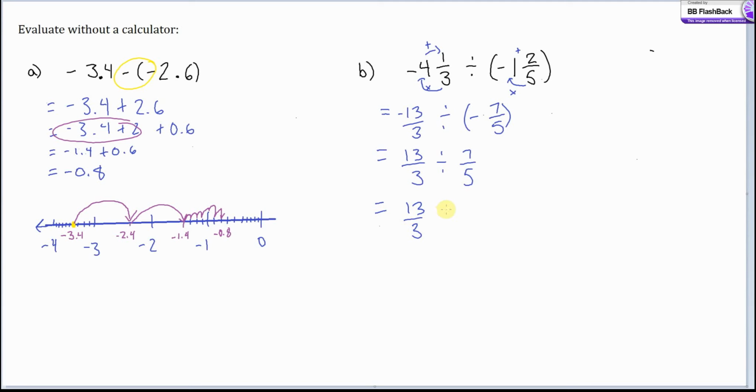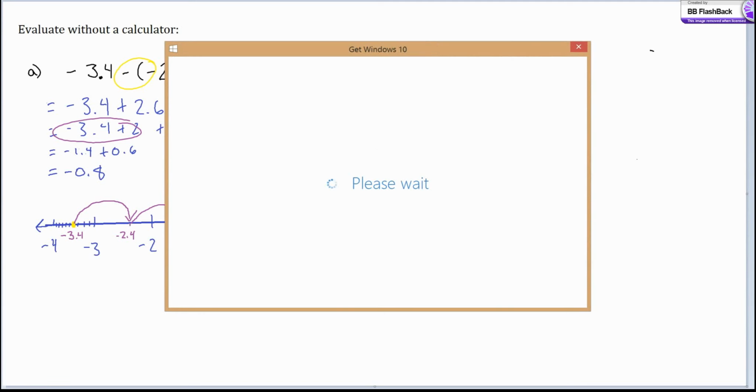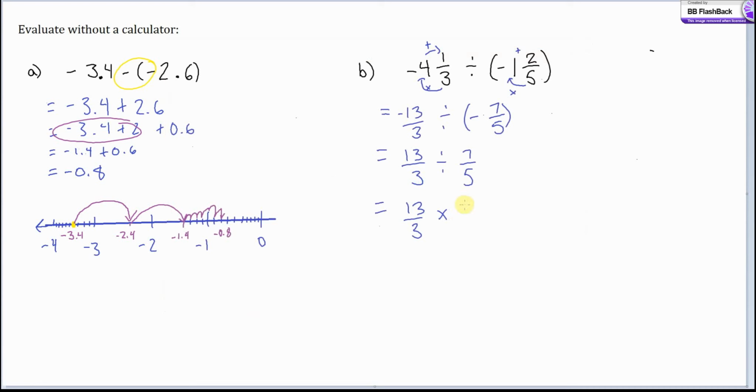You need to change it to multiplication and flip. Next we multiply the numerators. So we have 13 times 5, 75 over 3 times 7, which is 21.